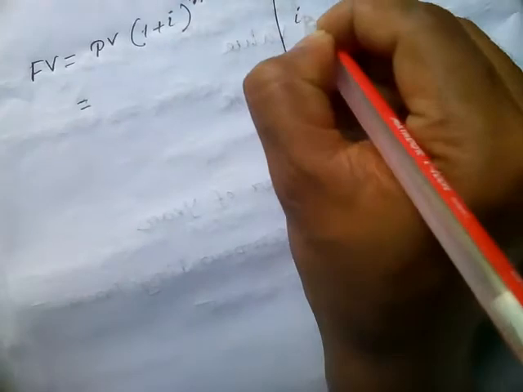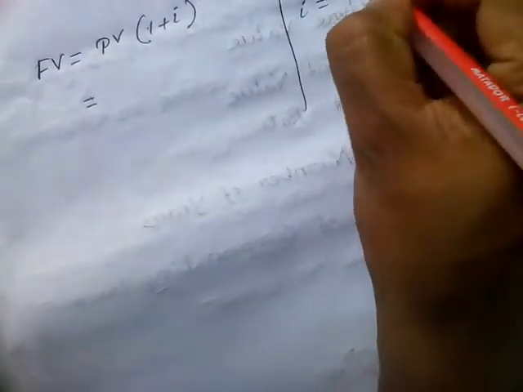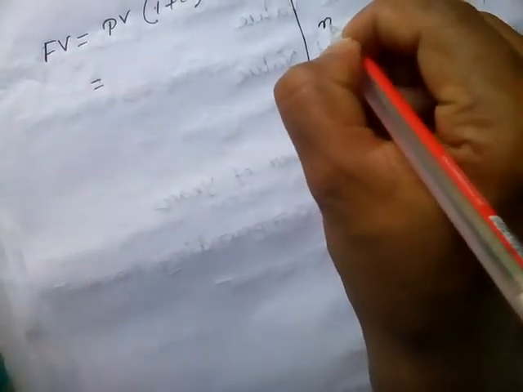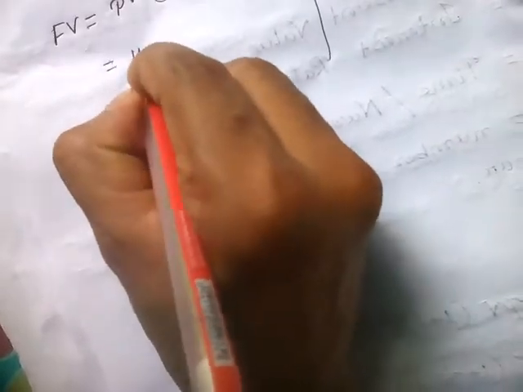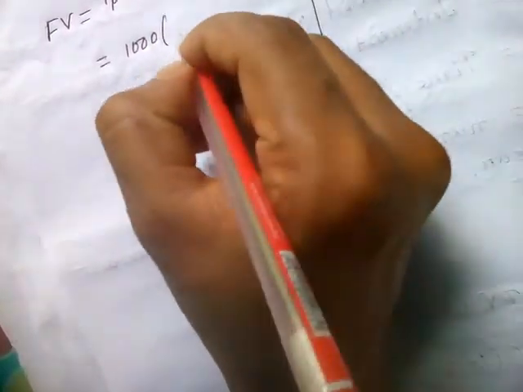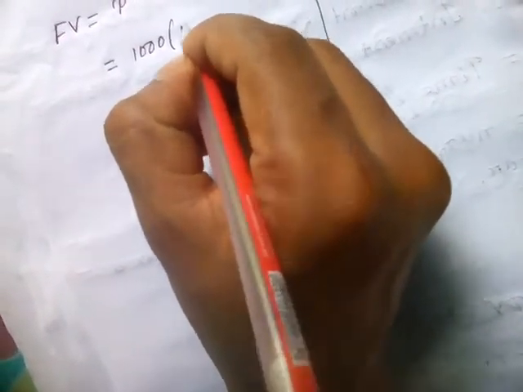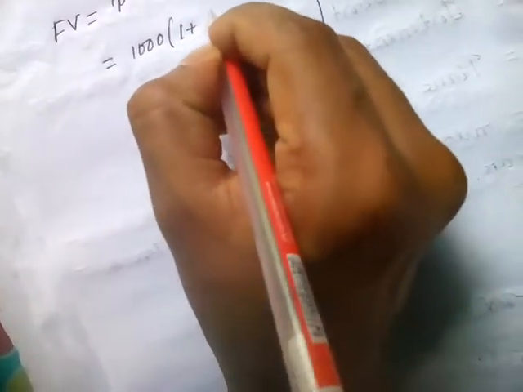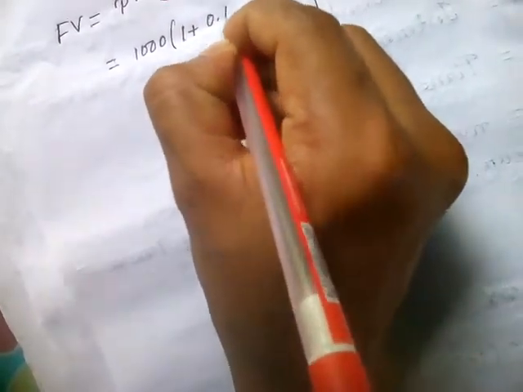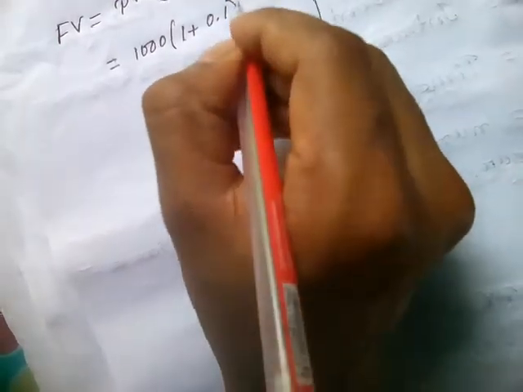Then I or interest rate equals 10% or 0.1. Then N, time or number of years, equals 2. Then PV equals 1000, 1 is for formula, plus I equals 0.1, then N equals 2.